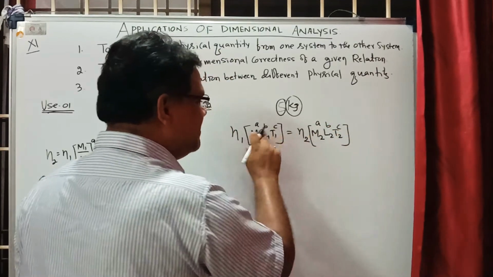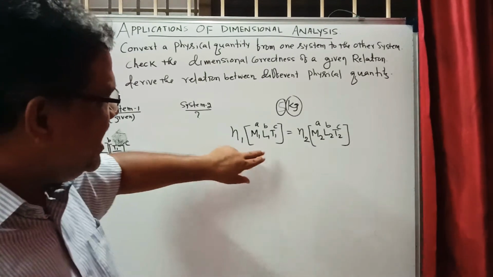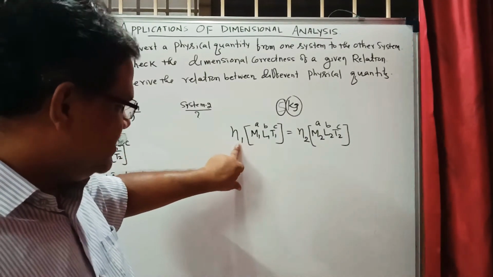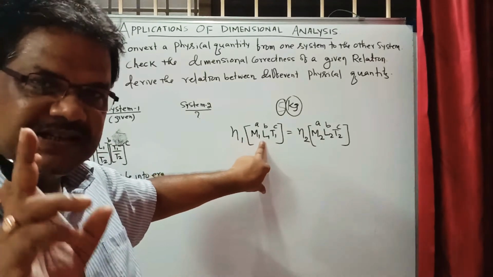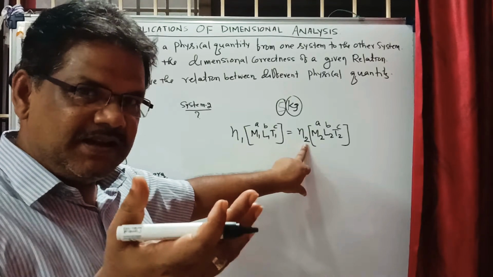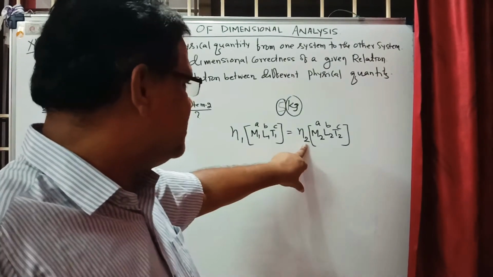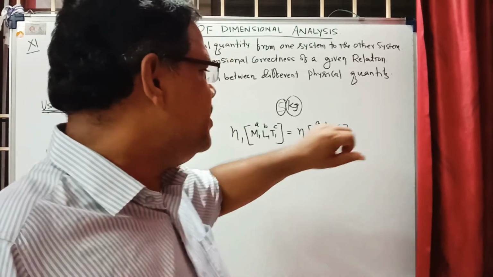Here a, b, c are the dimensions of that physical quantity. On the left side n1 is the number and this is the unit in one system, and n2 will be the number in the second system of units.